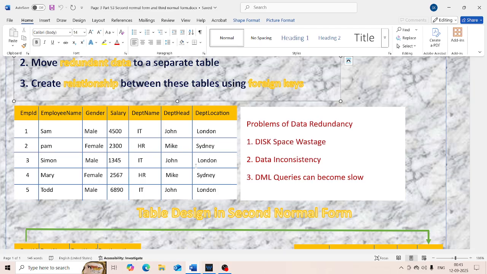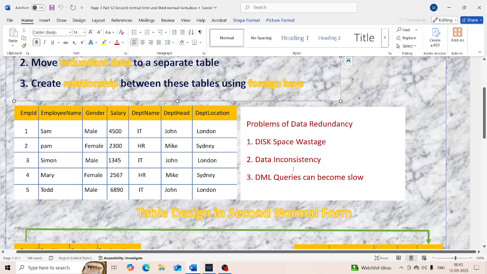In a bit, we will see how to break this down into two tables and then reduce this redundancy. But let's understand the problem of redundancy first. So obviously, disk space wastage, and your data could become inconsistent.